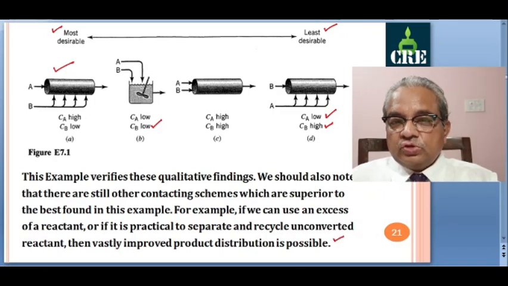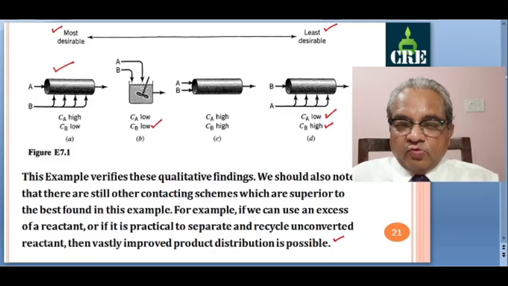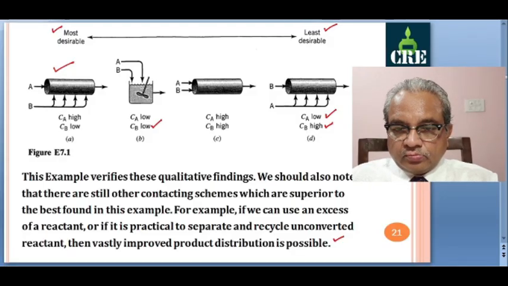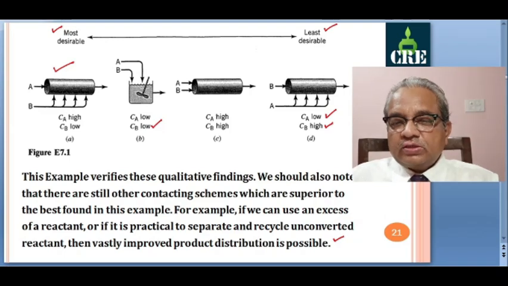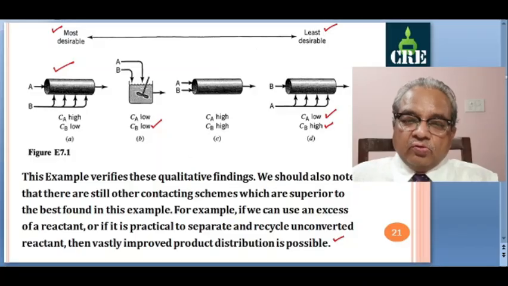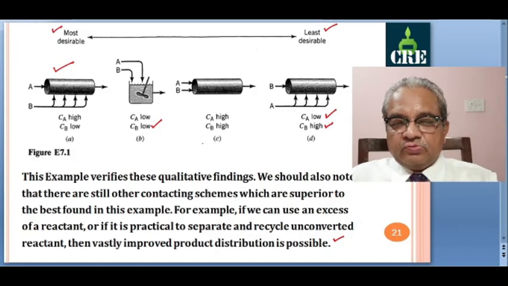So for suggesting the best possible scheme for multiple reactions, and here we are considering parallel, competitive reactions, if you know the rate laws and the reaction stoichiometry, based on this you can qualitatively suggest the reaction scheme, but it is not as easy as it looks when we discuss this. You have to consider many more possibilities which are there.